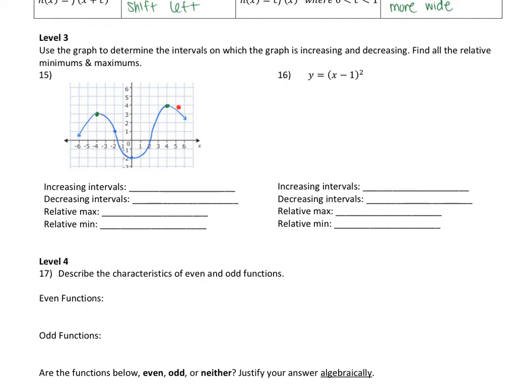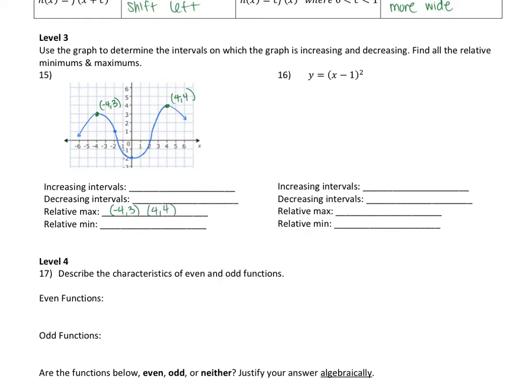So I have this one, and when you write max or mins, you have to write the coordinate points. So this is at -4, 3, and the other one's at 4, 4, looks like. And so I have maxes in those locations.